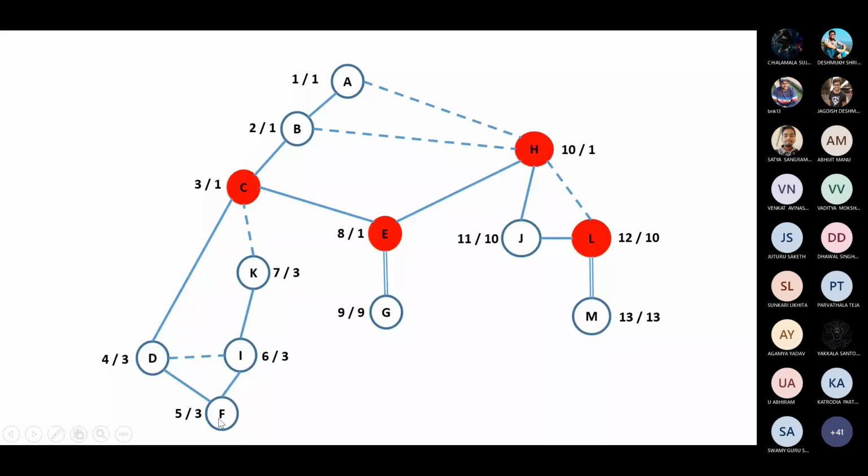F का लो वैल्यू है 3. इसका मतलब यह है कि F के नीचे जो सब ट्री है, DFS सब ट्री है, वहां से जो बैक एज है, बैक एज से मैं मिनिमम, मतलब F के ऊपर कौन से वर्टेक्स में मैं रीच कर सकता हूं.